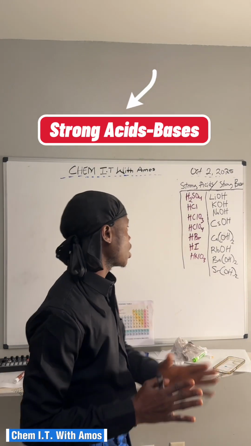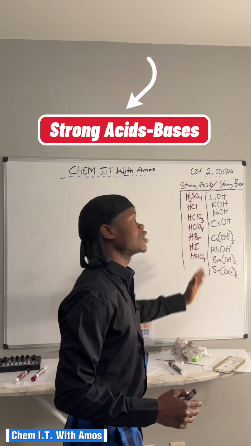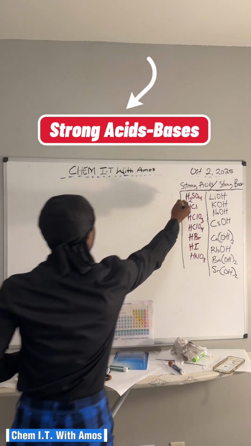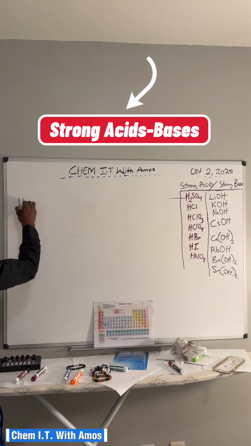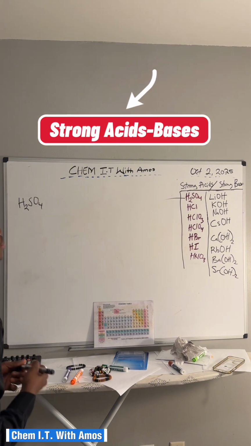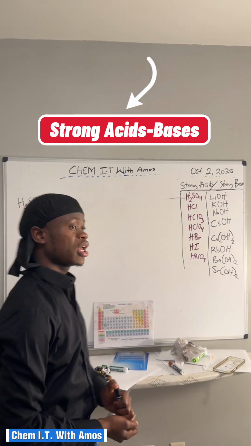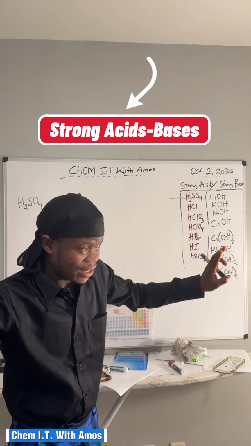In this video we are going to look at how those compounds are formed, right? So the first one is sulfuric acid. Sulfuric acid is H2SO4. We said sulfuric acid is a strong acid because it dissociates in water completely.